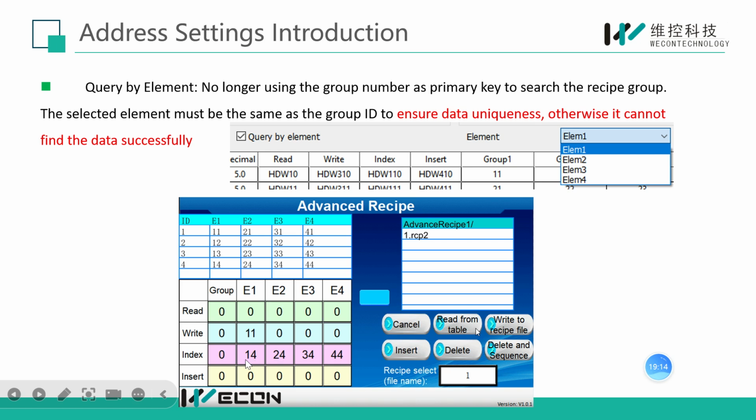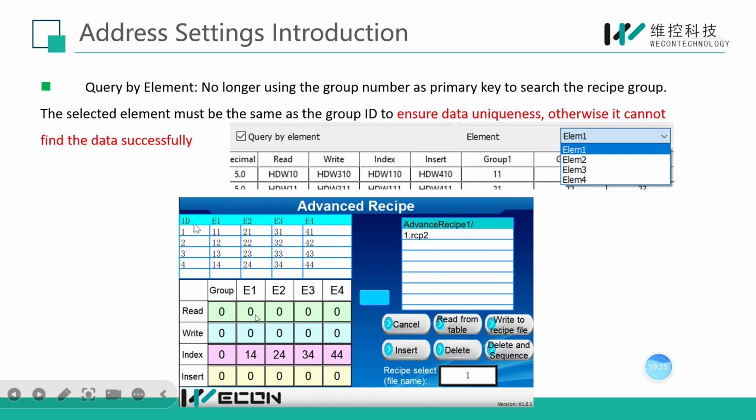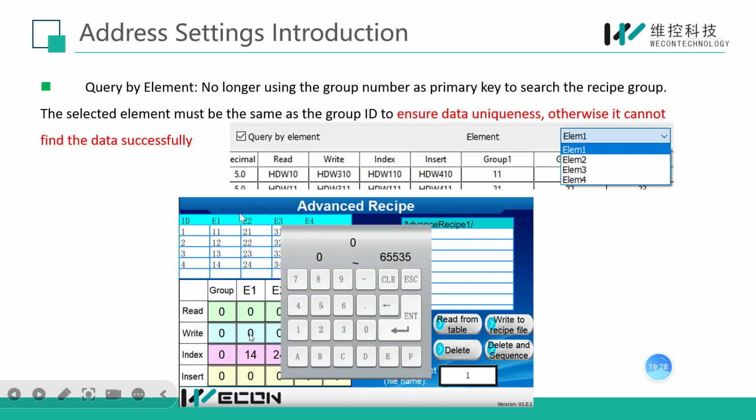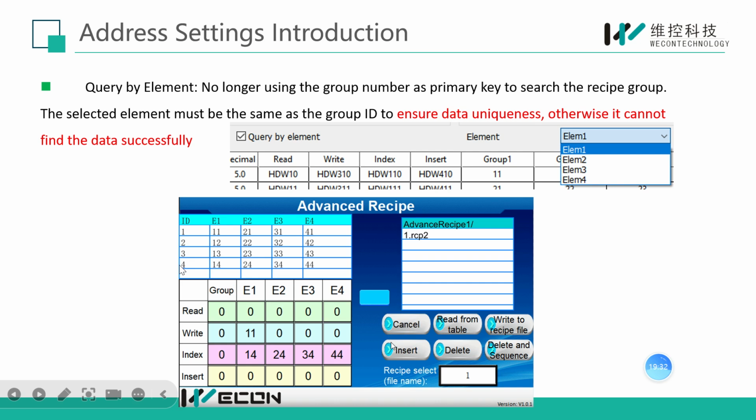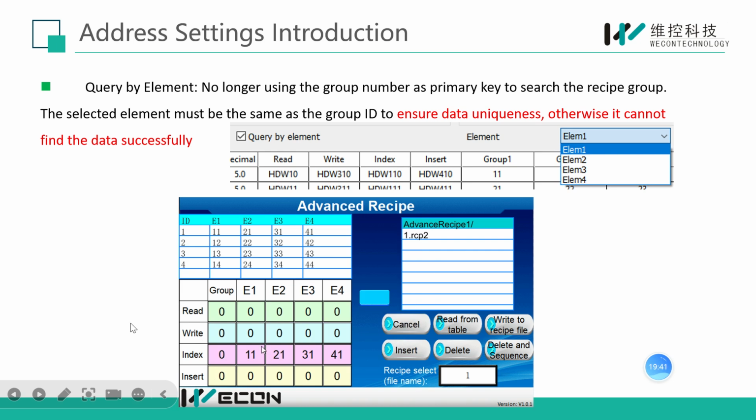You can see I input 11, and it will query my group number 1, and inputting 14 queries my group number 4. So it is not using the group ID to query my recipe group, but using this element.